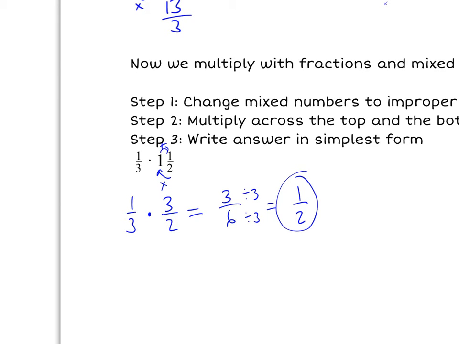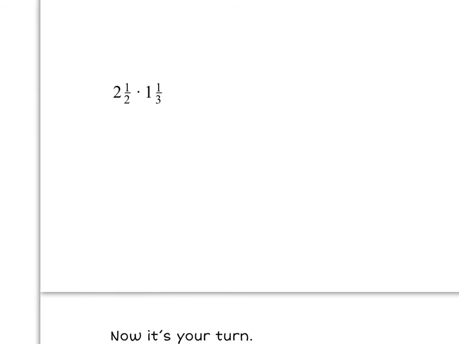So multiplying, make them both so you don't have that whole number there. So either regular fraction and improper fraction, multiply across the top, multiply across the bottom. Try this one. Now you have 2 improper fractions. So do this one on your own in a minute. Did you get 5 over 2 times 4 over 3?